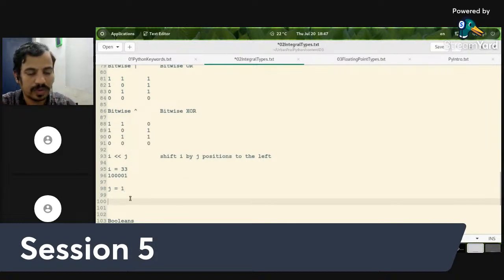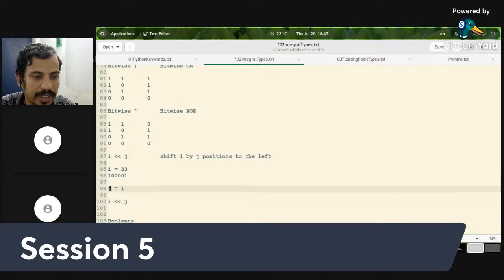So now, if we do I left shift J, we should read this as shift the bits of 33 by one position. J should be read as positions, so by J positions. In this case, J is 1, so I will say shift the bits in I to the left by 1 position, and add a 0 at the end.